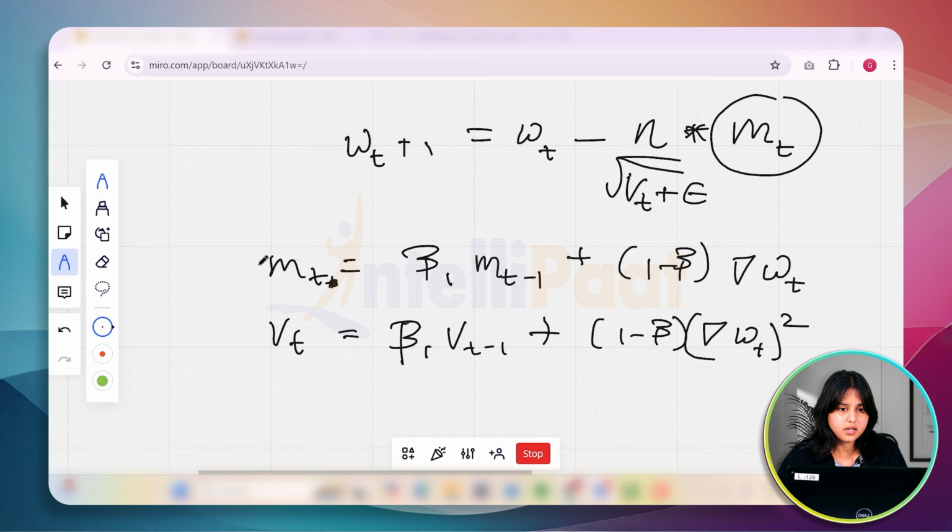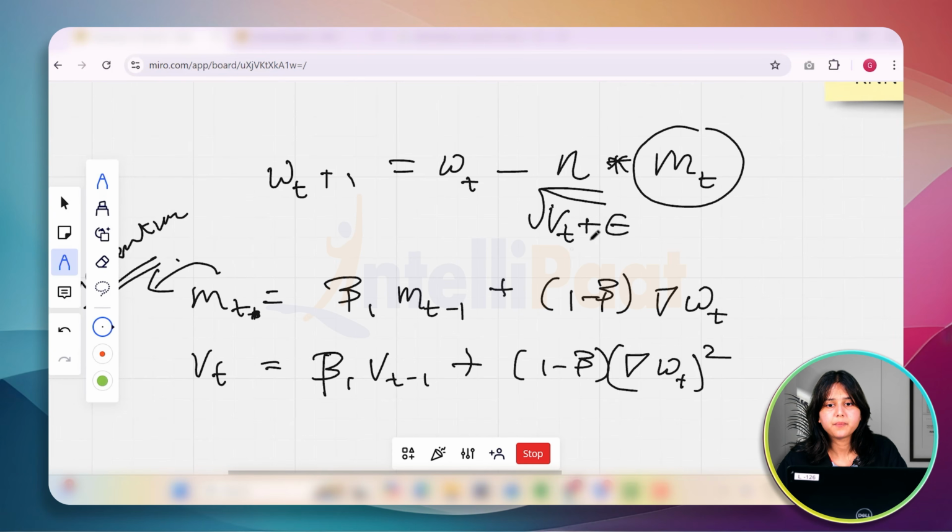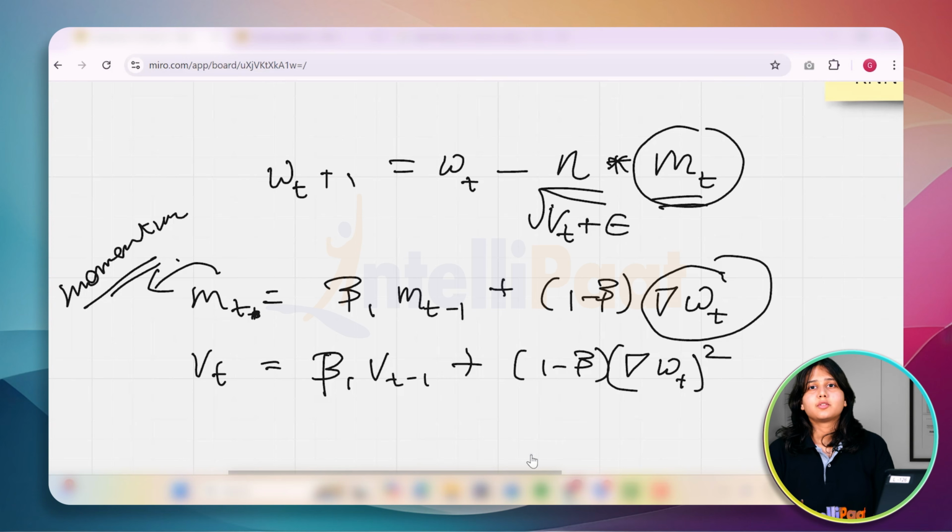This Mt over here is basically momentum. So in order to have a combination of RMSProp and SGD momentum, we multiply our learning rate with momentum instead of directly multiplying it with our loss gradient. So this was all about optimizers in PyTorch.